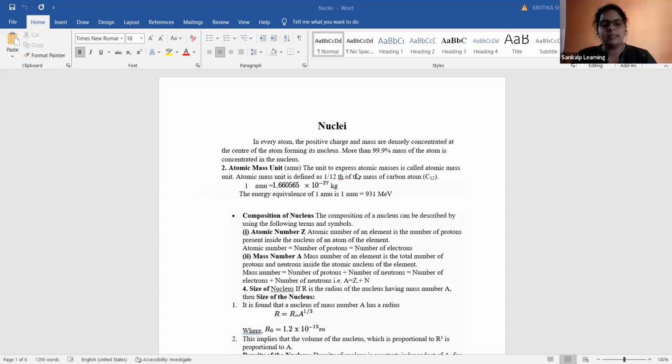Here this 1 AMU is also expressed as 1.66 × 10^-27 kg. Nothing but 1 AMU to mass conversion ಅಂತ ಹೇಳ್ಬೋದು. 1 AMU is equal to 1.66 × 10^-27 kg. Okay.